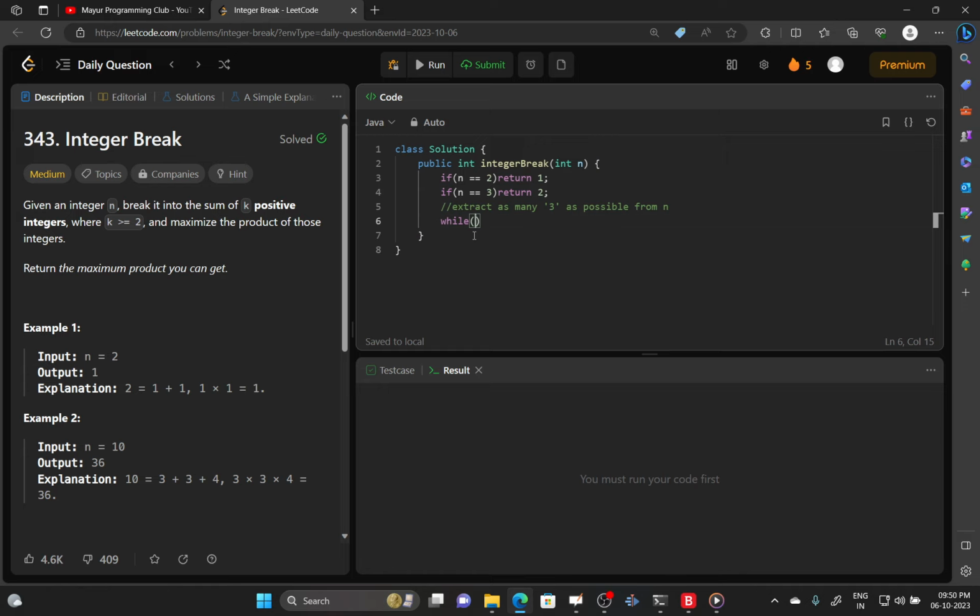now while your n is greater than or equal to 4, or say greater than 4, then you will keep performing the following action, which will be: let's define the maximum product.